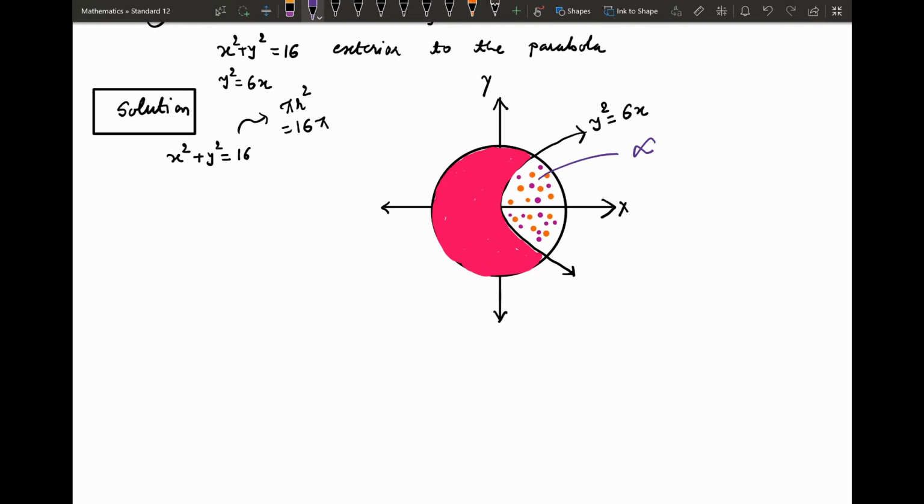So from the entire area 16 pi, we have to subtract area of alpha.